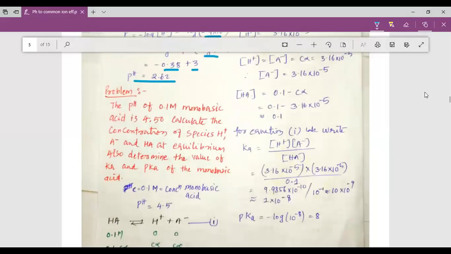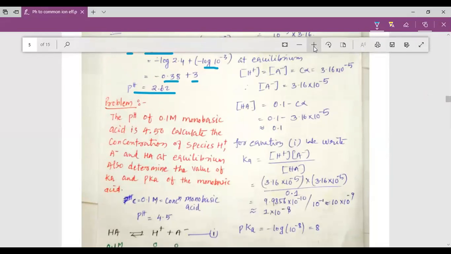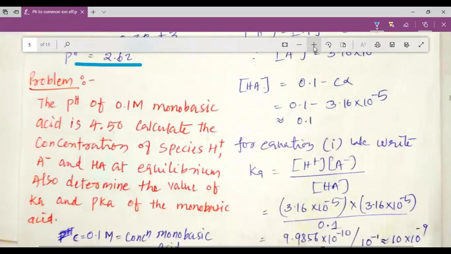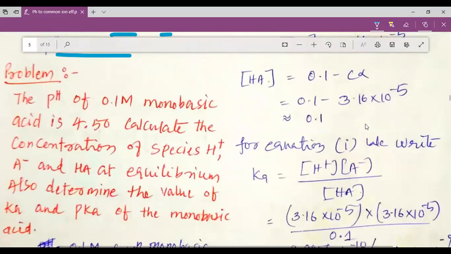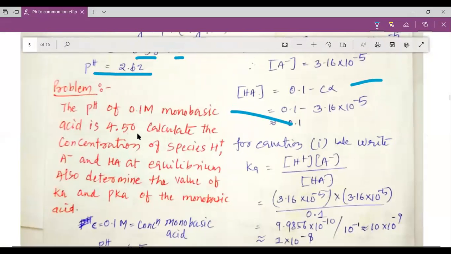See, this is the next example or next problem we are going to solve. So let us understand about this. Let us look at the question or the problem here.